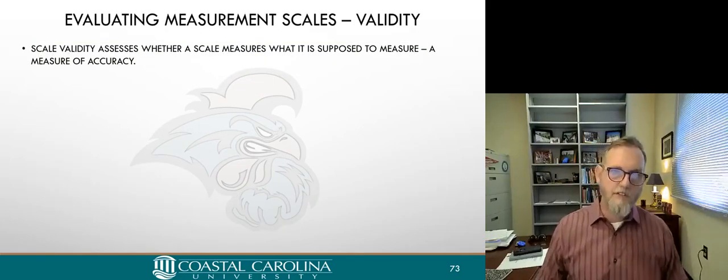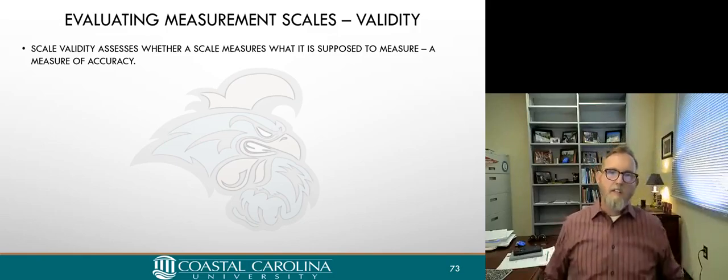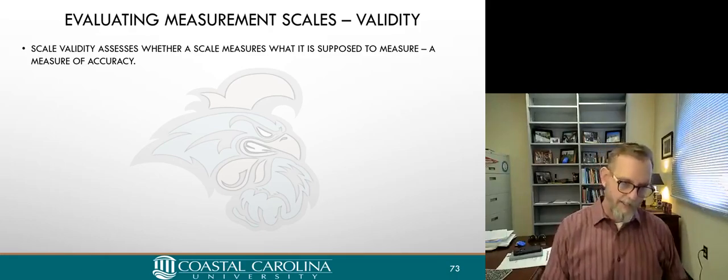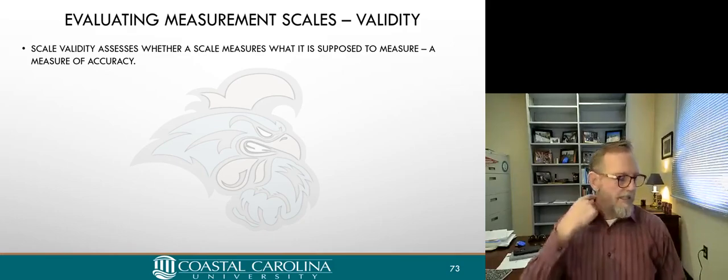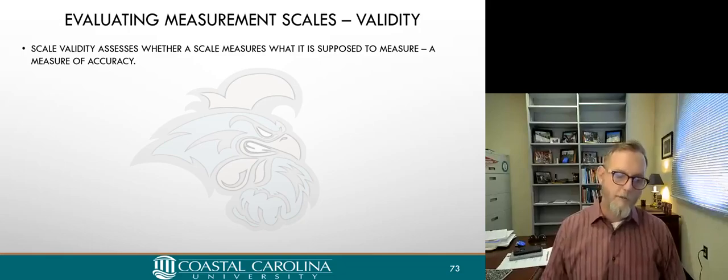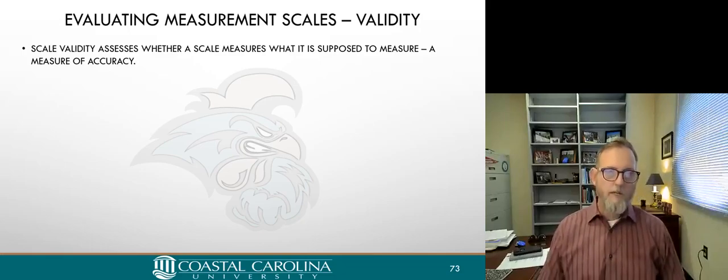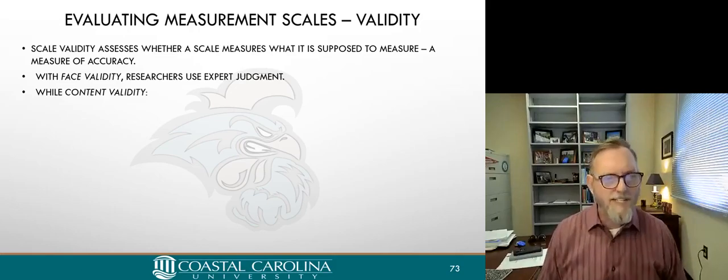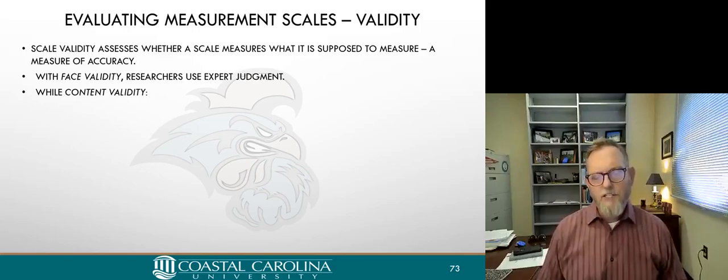The last thing that we'll talk about is validity. So does the scale question, does the question on the survey actually measure reality? Does it yield results that mimic true population behavior? That's what we kind of think about, right? So face validity is when the question just seems to make sense.